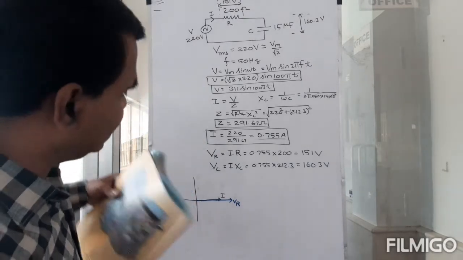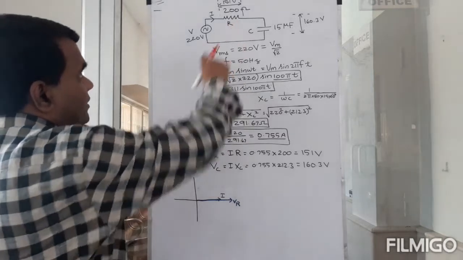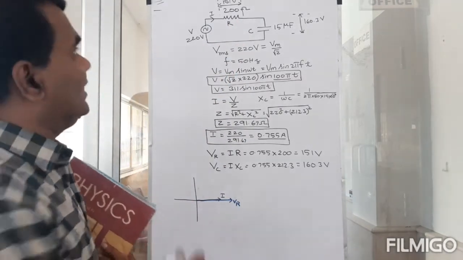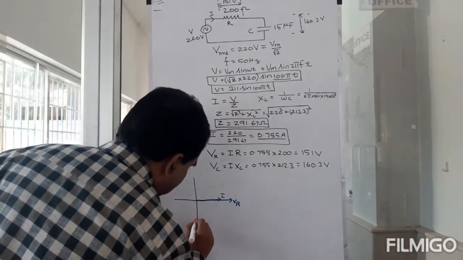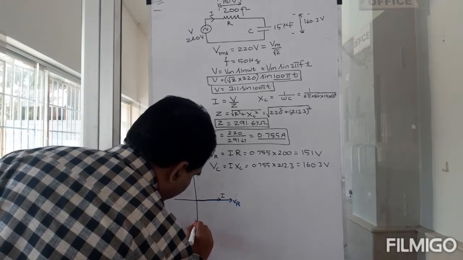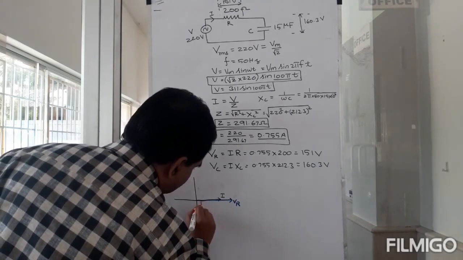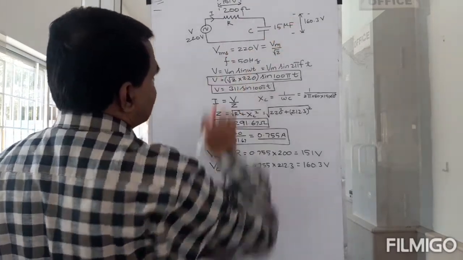My VC, this should be the voltage across the capacitor. That must be lagging the current. So my VC is here. So there is 90 degrees between VR and VC.